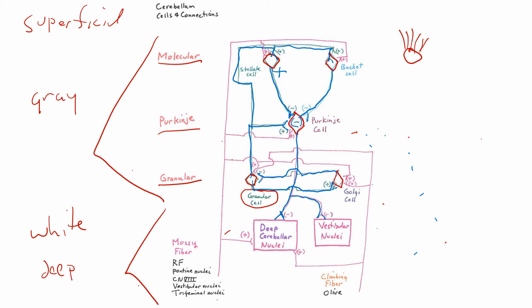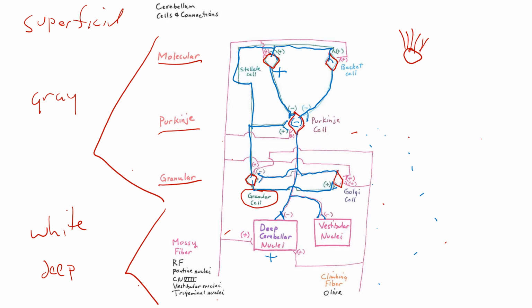The Purkinje cell is naturally inhibiting, let's say, the deep cerebellar nuclei. So what I do is I inhibit the inhibitor. In other words, I now allow the deep cerebellar nuclei to do their job.